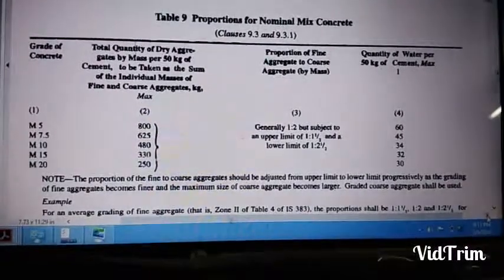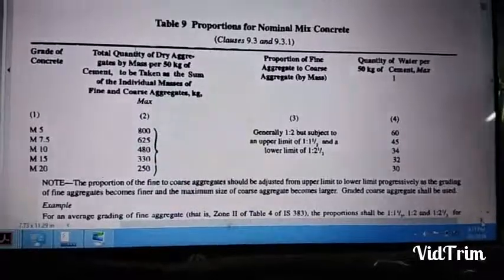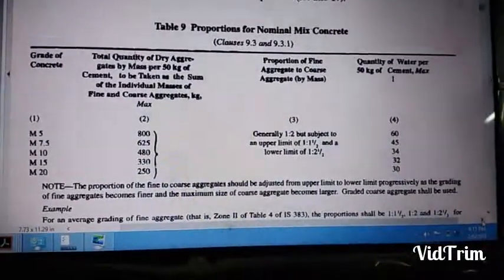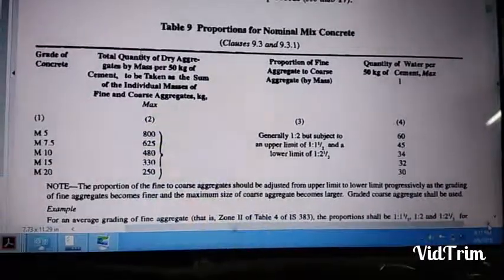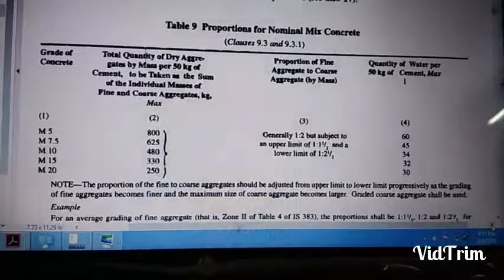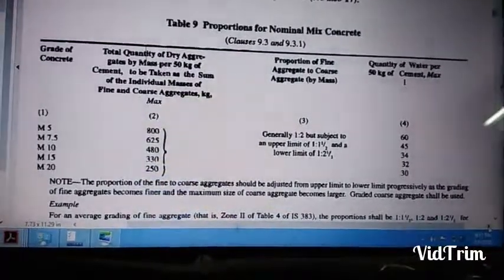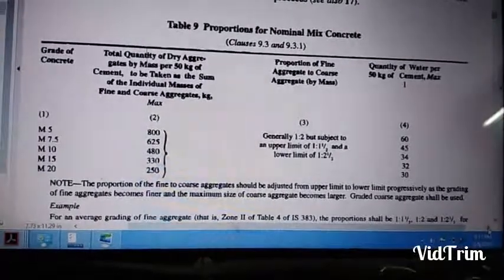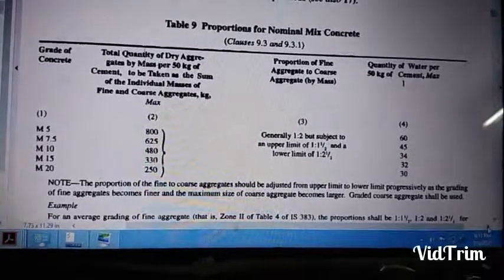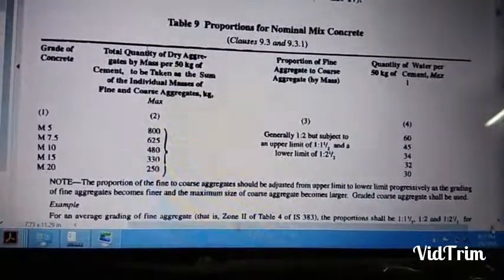Now you can see Table number 9 of IS 456, the second option to consider water cement ratio, proportions for nominal mixed concrete, right? In this case we have considered M20, and there 30 by 50, that is 0.6. So as per the second case, water cement ratio is 0.6.